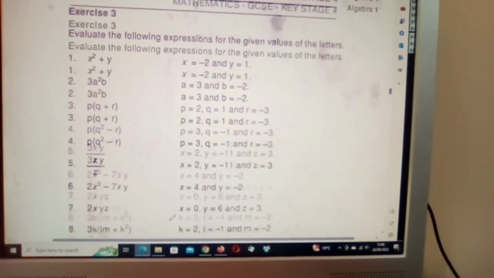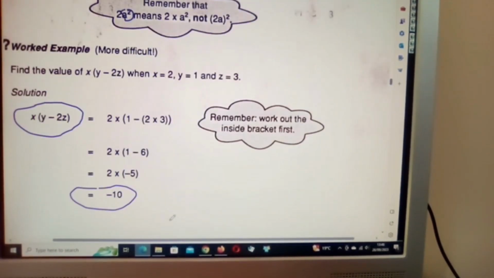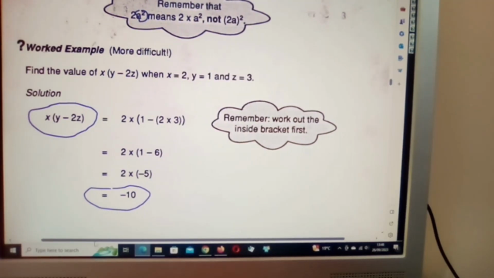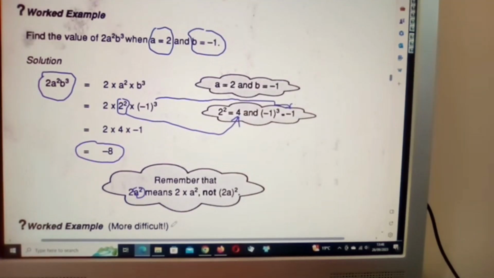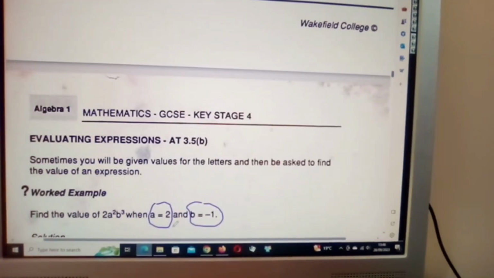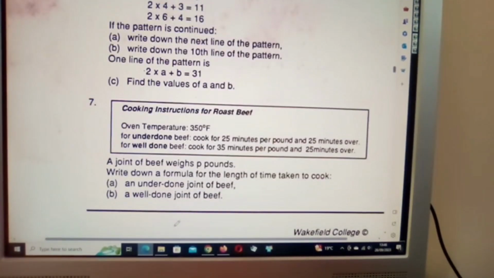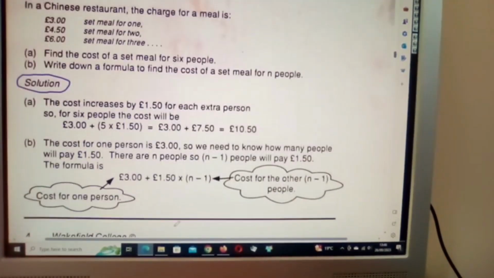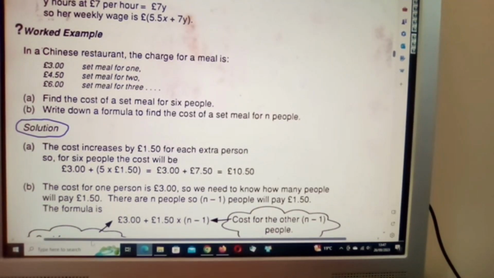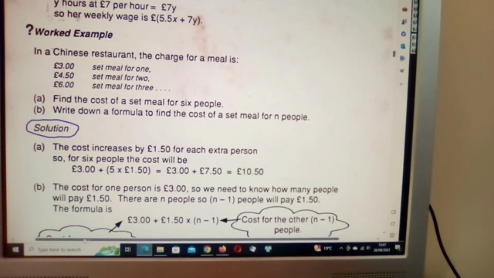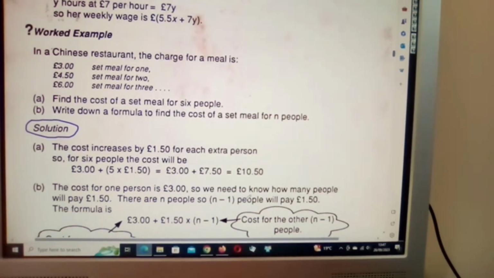I have no idea what that noise was. Somebody's trying to get food to me.